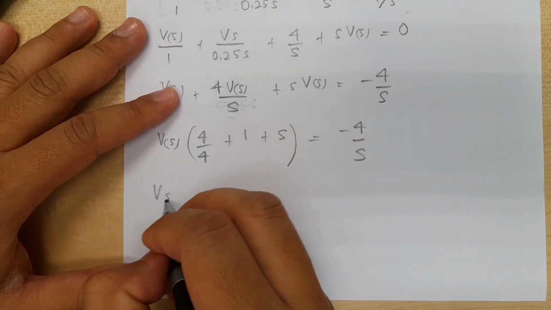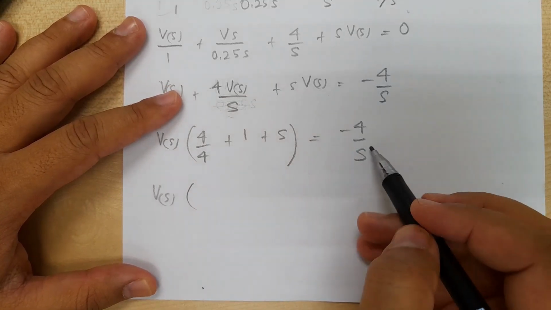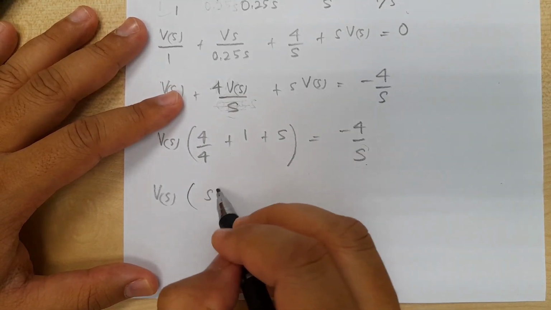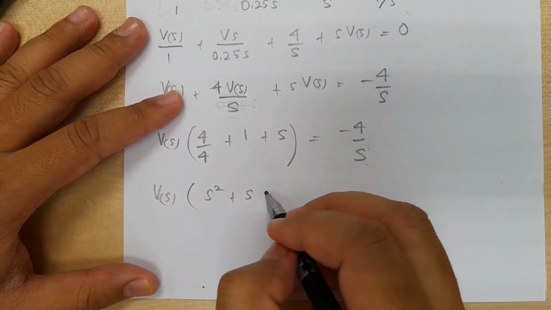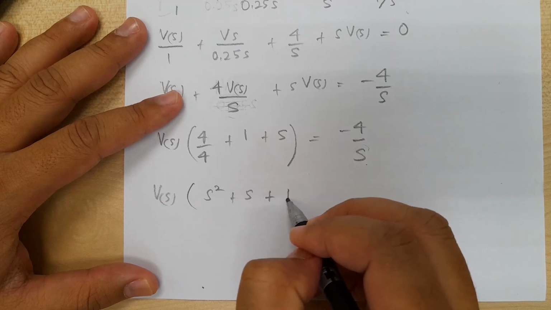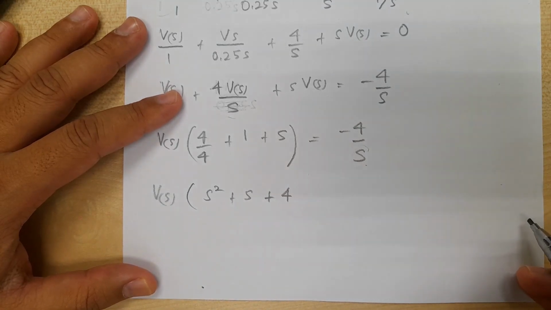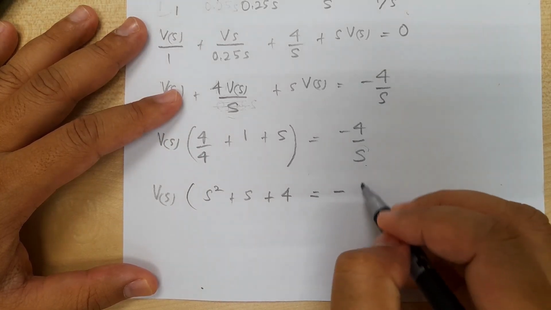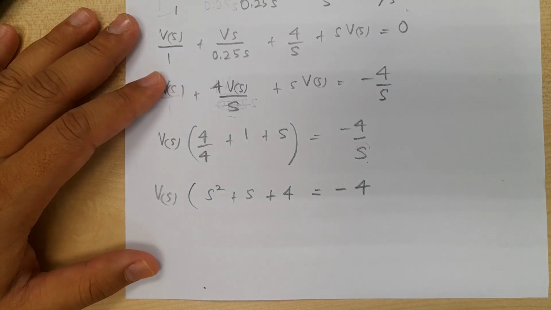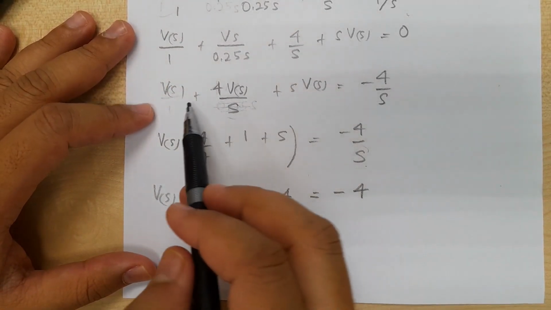Bring this to here, we will get S squared plus S plus 4, and then equals to minus 4. Check that first.